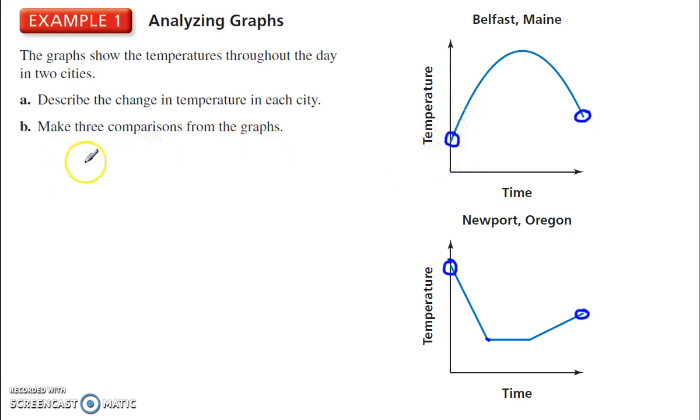Make 3 comparisons. All right. We will compare both graphs. Both of these have an increase and a decrease. This has a section that increases and decreases. This has a section that increases and decreases. One graph, Maine, starts lower and ends higher, whereas Newport starts higher and ends lower.